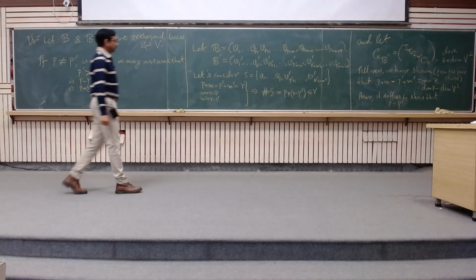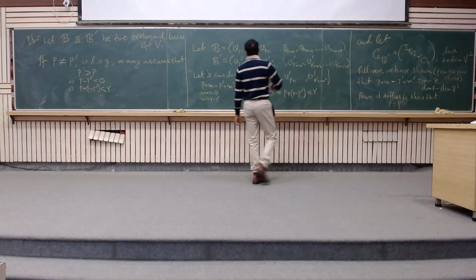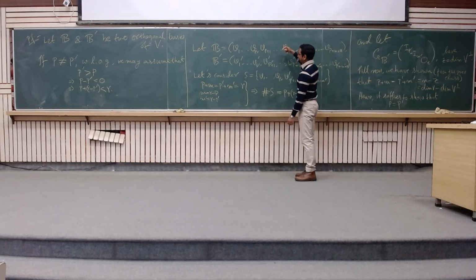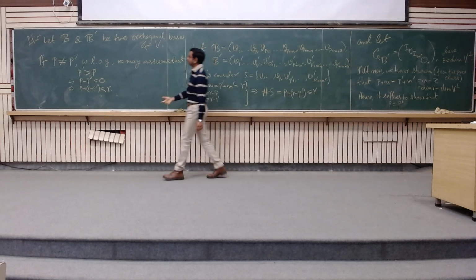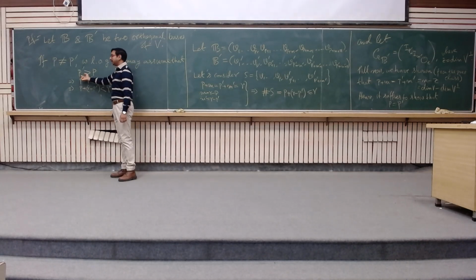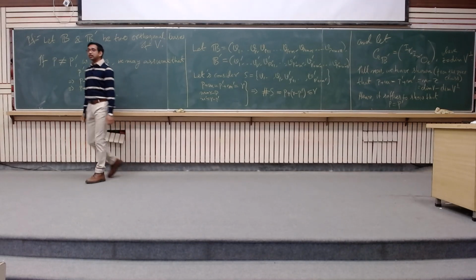S is greater than? Yeah, I mean, well, at first it doesn't. You have two bases, so you can call one base B, another one B dash. So that means if your P is larger than P dash, just name the bases in a different way. Okay. Yes, Kaushik.